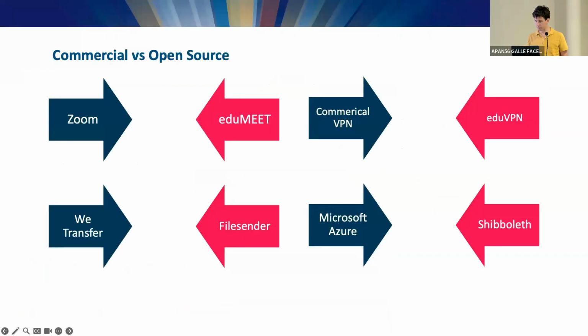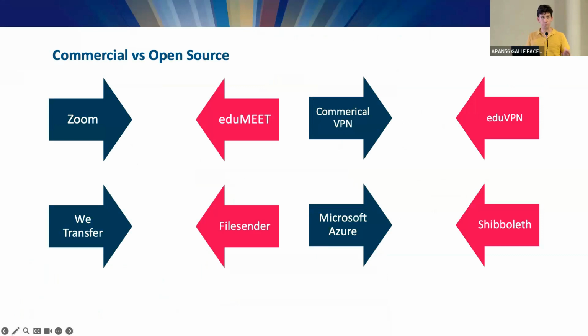So a couple of examples of services that have been mentioned in the starter pack, but also on the level below. These are commercial services versus open source services. Zoom and EduMeet. We've been in a session at TNC where people said, well, EduMeet is not quite there yet. And then I asked, well, did you actively invest in EduMeet?